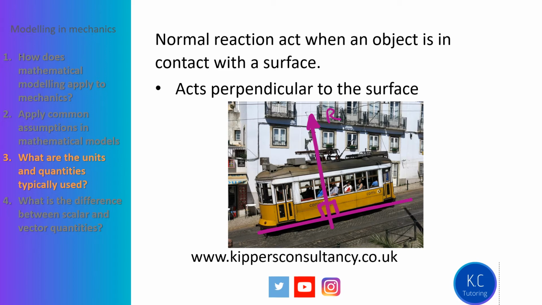So here we can see the tram sits on its rails at an incline, and we can see the line of the incline there in purple, and the reaction force acts at right angles up through the tram at 90 degrees to the surface of the road.